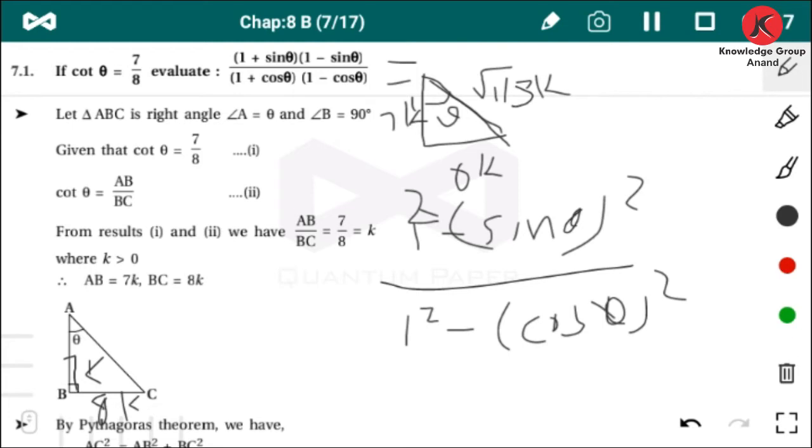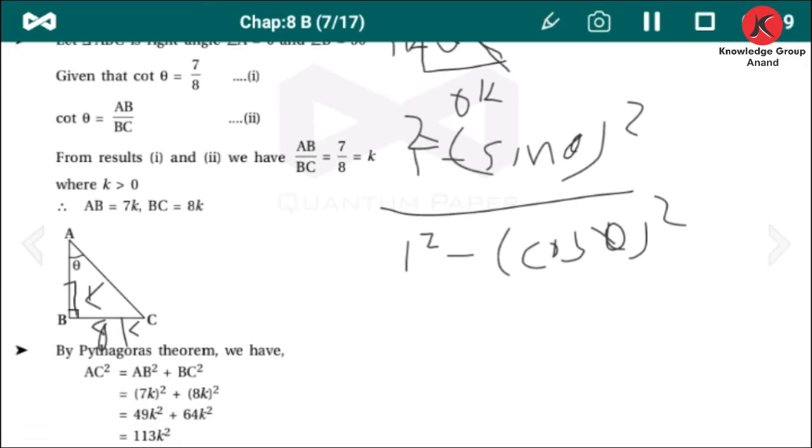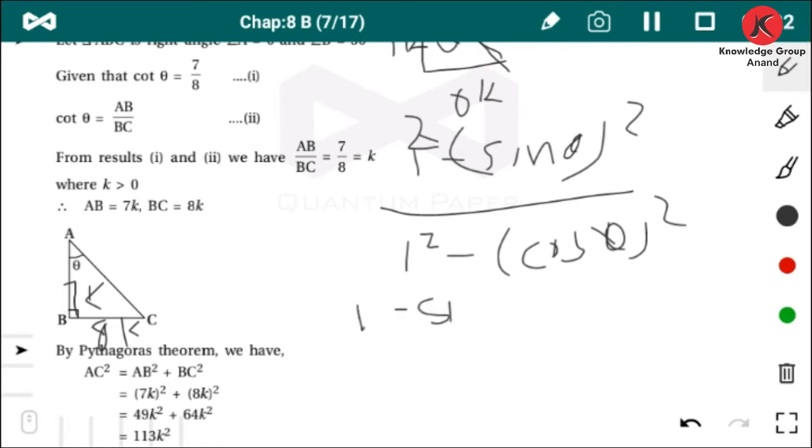Now this is equal to 1 minus sin square theta upon 1 minus cos square theta.